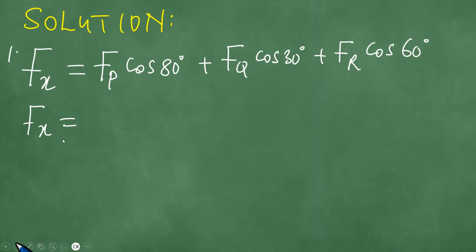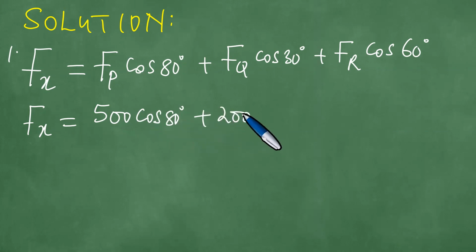So we shall then continue to say that what we have here is 500 cosine 80 degrees plus 200 cosine 30 degrees.